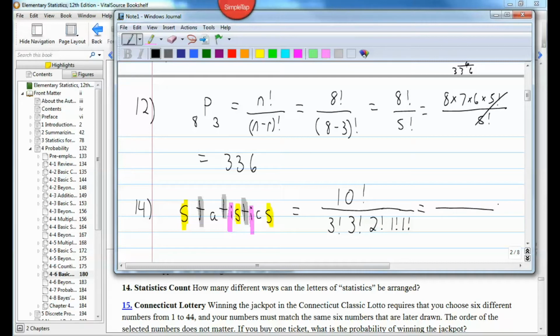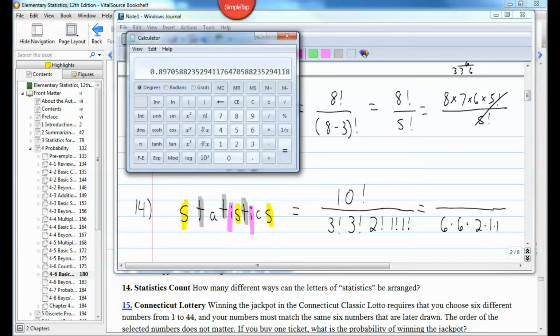So 3 factorial is 6. My denominator is 6 times 6 times 2 times 1 times 1. 10 factorial is pretty big, so I'm looking for the factorial key on the calculator, the n with an exclamation point.